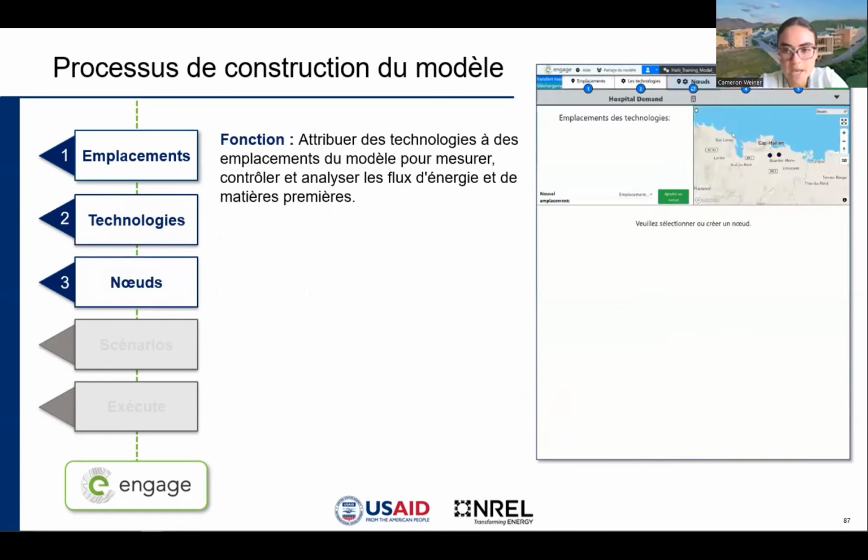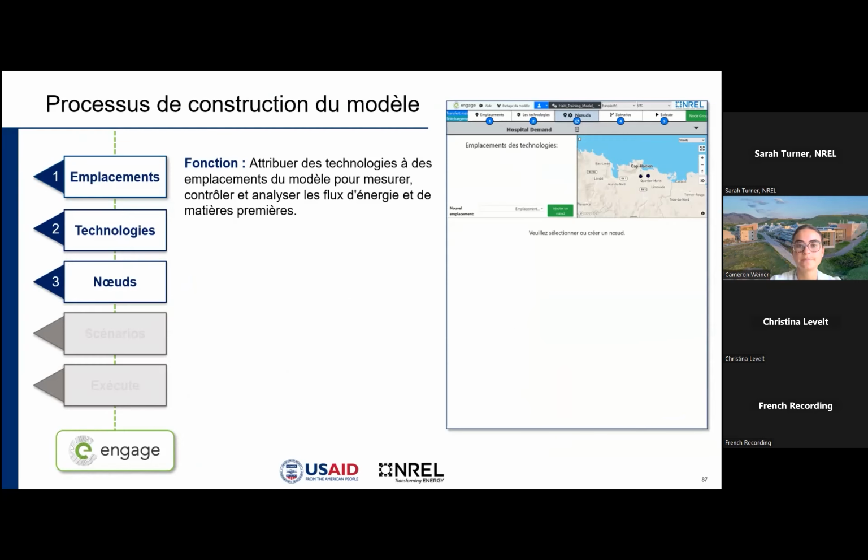The Nodes page is very important, as it's where users can assign technologies they've made to locations they've created. Nodes are a combination of a location and a technology, and you have to create nodes to be able to create scenarios and then ultimately run your models.